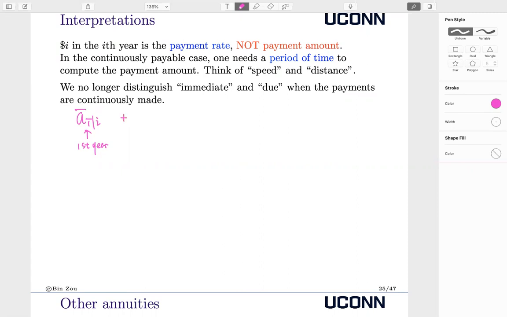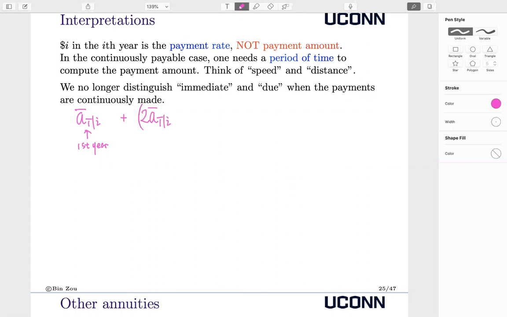Next, I consider the second year. In the second year, the payment rate is no longer 1, but 2, right? $2 per year. But it is still a continuously payable annuity. Again, the term is only for 1 year because I only look at the second year.